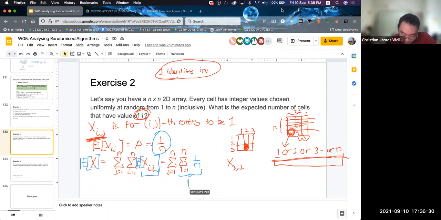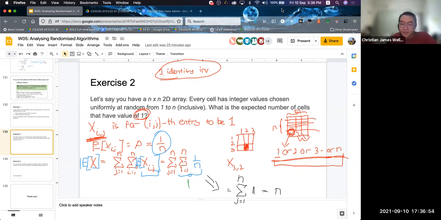So eventually this equals the summation from j equals 1 to n of 1, which equals n. So out of these n squared cells, you expect n of them to come up with a value of 1. So this is this question.